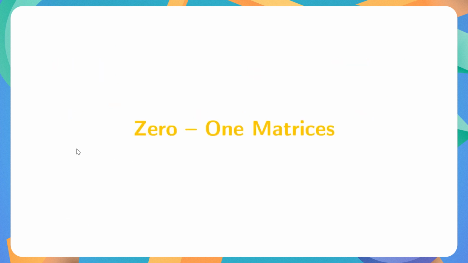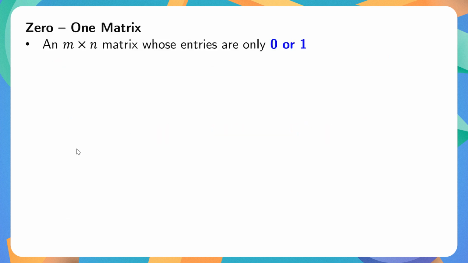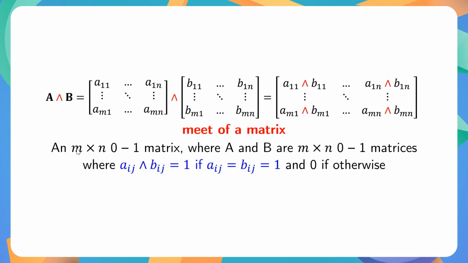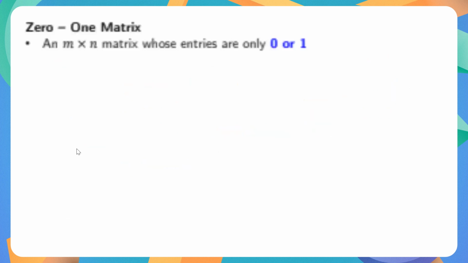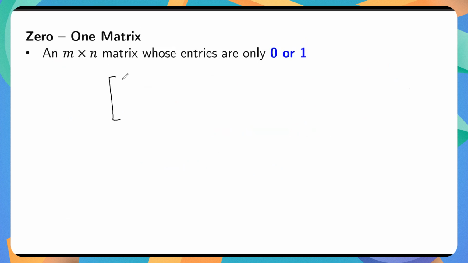So now we have a different type of matrices, which are the 0, 1 matrices. These matrices in particular are an m by n matrix whose entries are only either 0 or 1. So it just basically has any order of zeros and ones in your matrix.